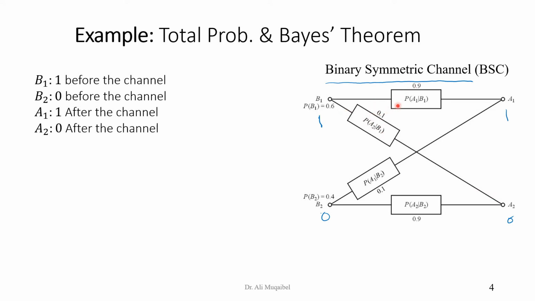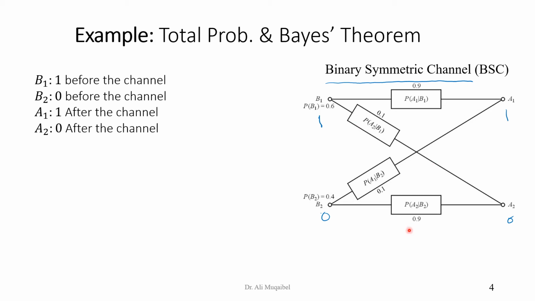Their sum is going to be 1 because you are either sending 1 and receiving 1 or sending 1 and receiving 0. Similarly, for the 0, we send 0 and receive 0 with probability of 0.9, and 0.1 is where we make a mistake. We call it a binary symmetric channel. Binary because we have two possibilities. Symmetric because in this example we have 0.9, 0.9, 0.1, 0.1.